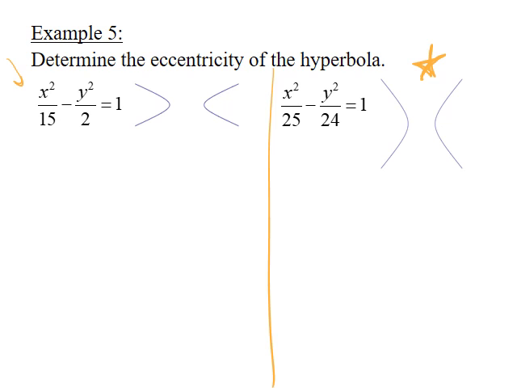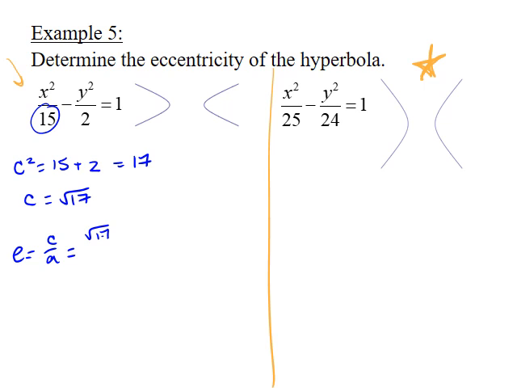So remember, a squared is always first. So this is a squared. So c squared is 15 plus 2, which is 17. So c is the square root of 17. So if the eccentricity is c divided by a, we have the square root of 17 divided by 15.